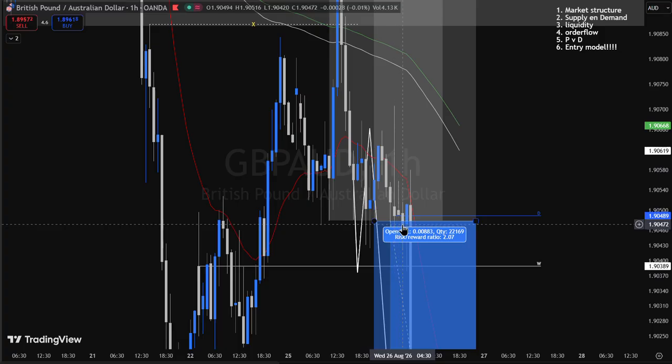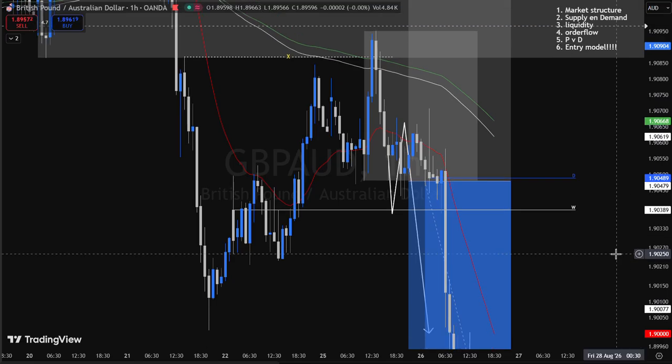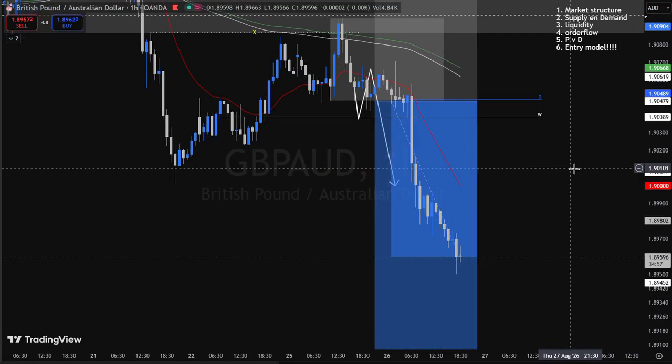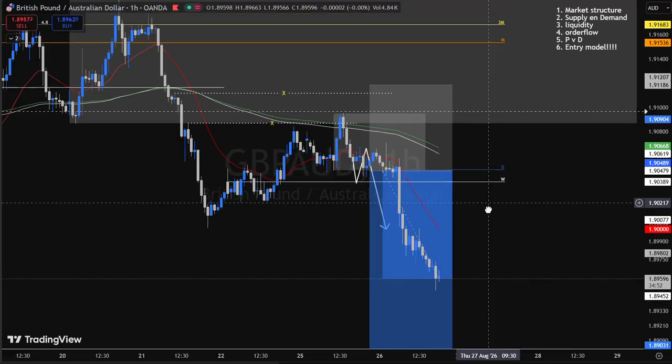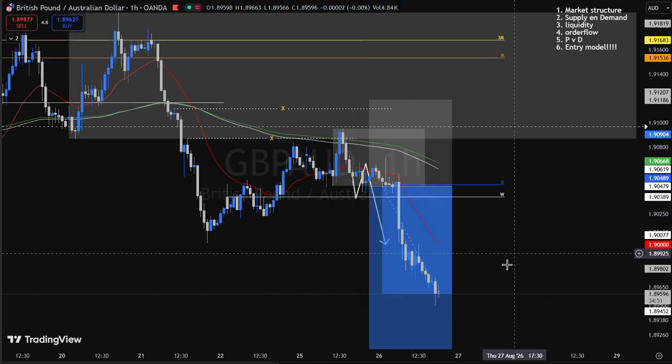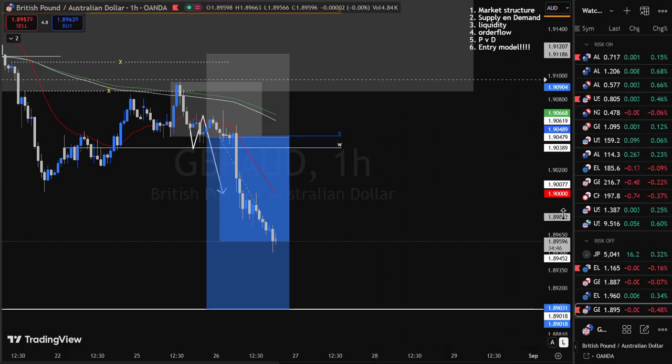I was not online at this time because it was early morning, around 5 p.m. So this trade was also a very good setup and it is going great, but I didn't take this trade. Let me know, guys, if you took this trade or not, because I personally didn't catch this fall.